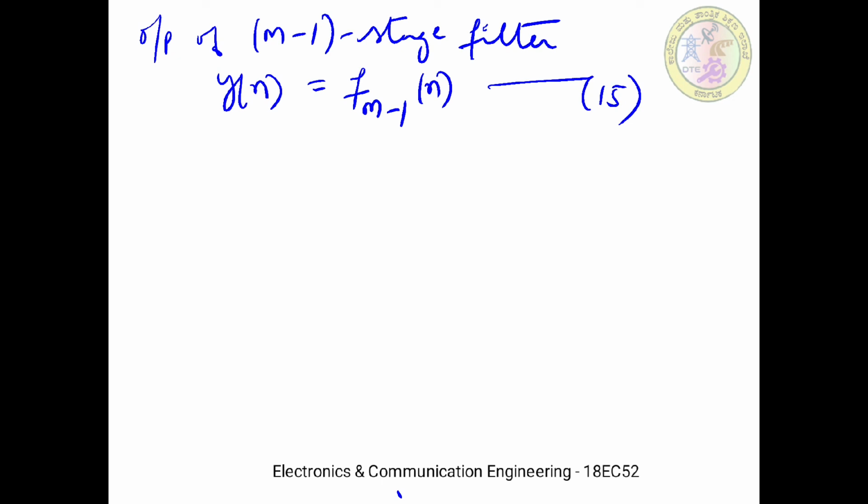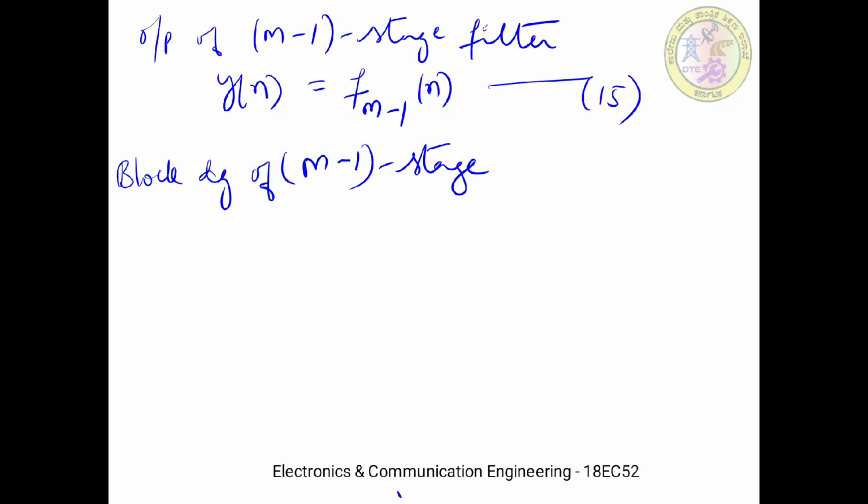Therefore, it is also possible to draw the structure of an m minus 1 stage lattice filter in the form of a block diagram. It again starts with x of n only.